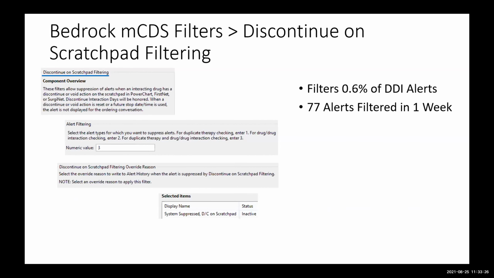Then discontinue on scratchpad filtering has been a real welcome filter to providers because it's a very workflow centric process. Prior to this filter, if a provider was discontinuing a med and then ordering another thing that interacted with the med they were actively discontinuing, it would send them an alert, which is never a welcome scenario since they've already discontinued that first med.